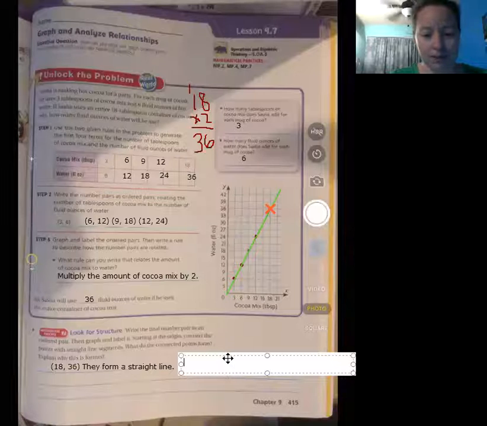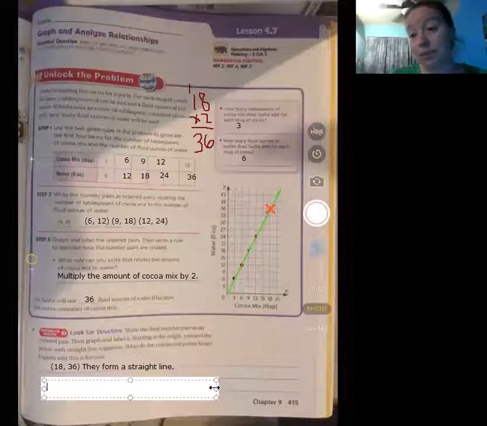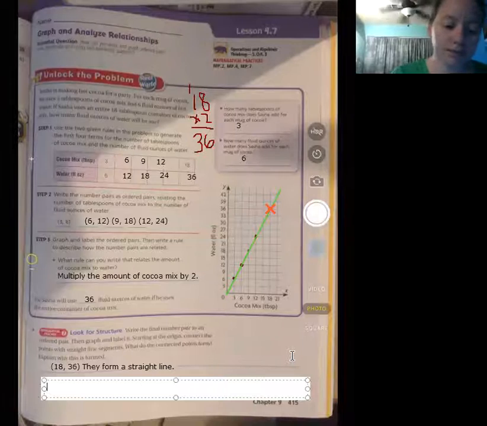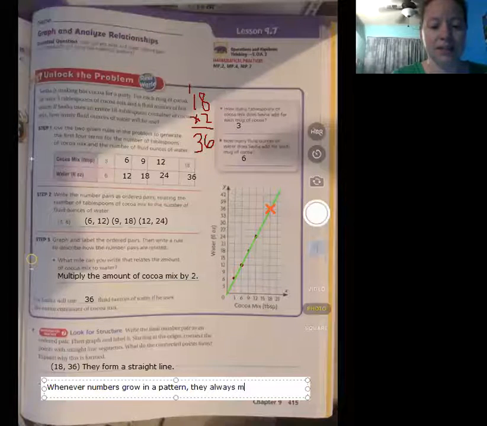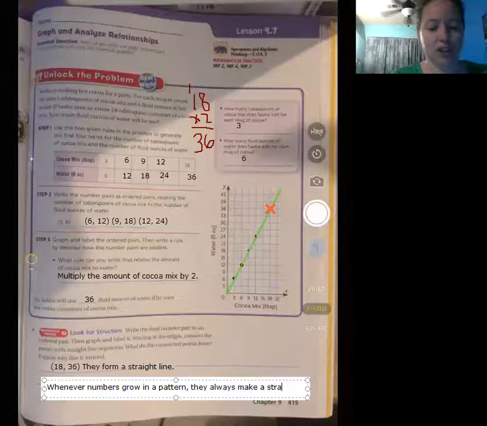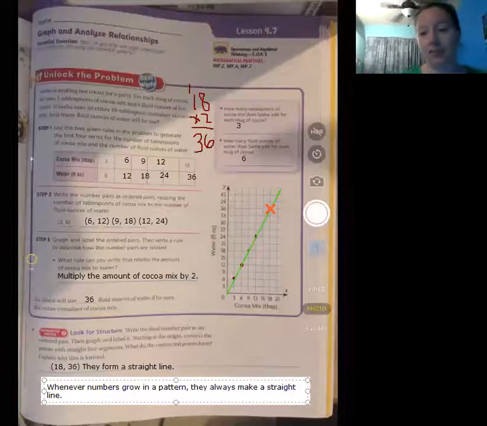Why is this formed? Okay. Here, let me put this on the next line. So why do we end up with a straight line? Whenever numbers grow in a pattern, they always make a straight line.